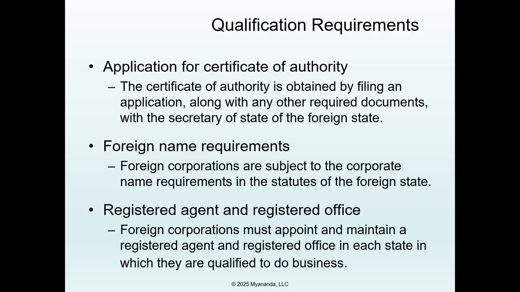An application for qualification is simple. An application for certificate of authority, along with some other documentation, is appropriately filed with the Secretary of State or other agency that handles this. And a certificate of good standing is typically required to be filed along with that request seeking authority for the foreign state qualification.